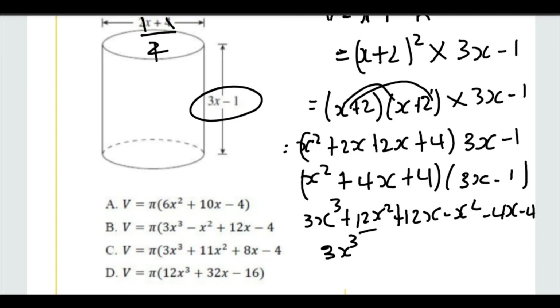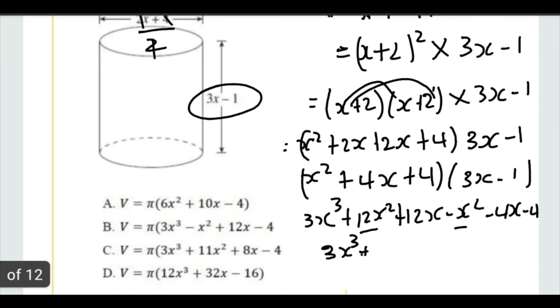Alright, so we see this and this are like terms, right? 3x cubed, 12x squared minus x squared will give you plus 11x squared. So we got 4x and 12x.